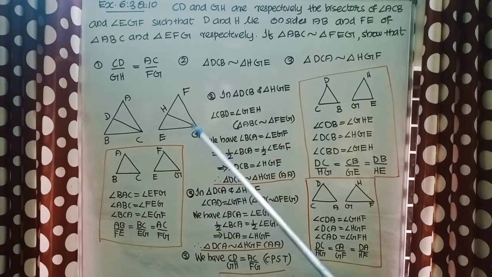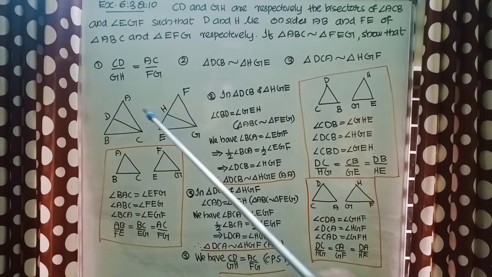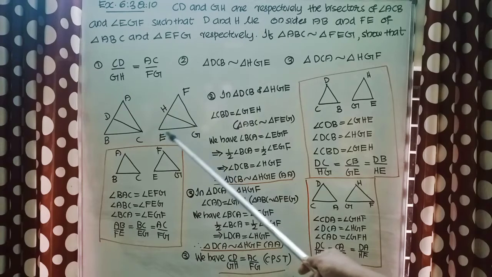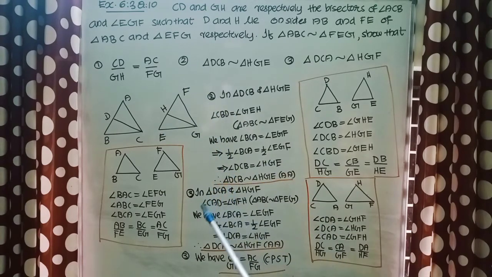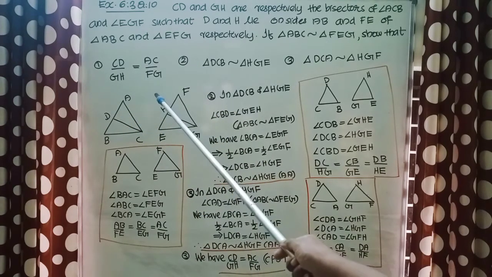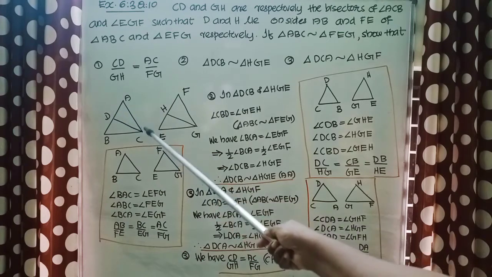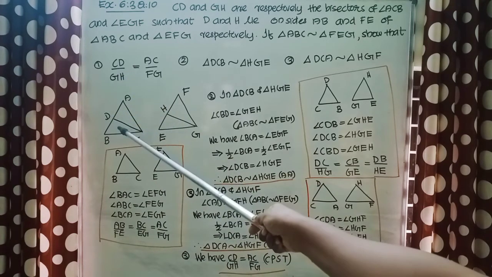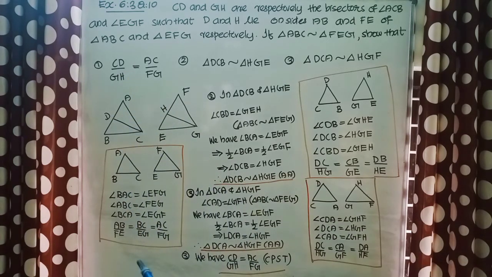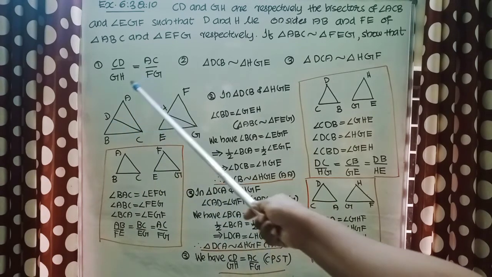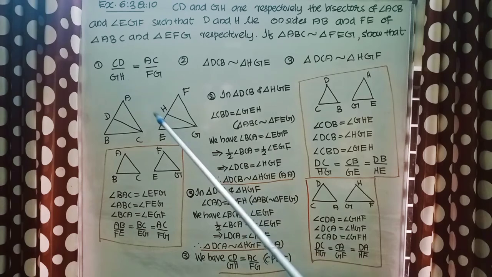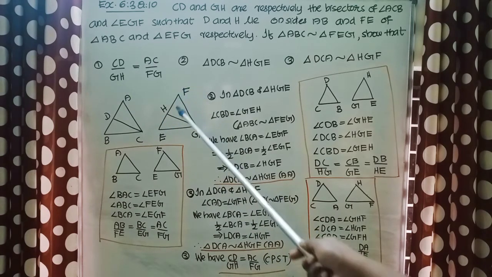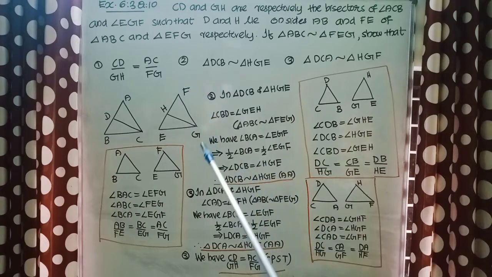Then again we are going to take half of angle BCA and angle EGF. Half of angle BCA we can take as DCA. In the previous case we took the lower portion; this time we are going to take the upper portion. Half of angle BCA equal to angle DCA, half of angle EGF equal to angle HGF.